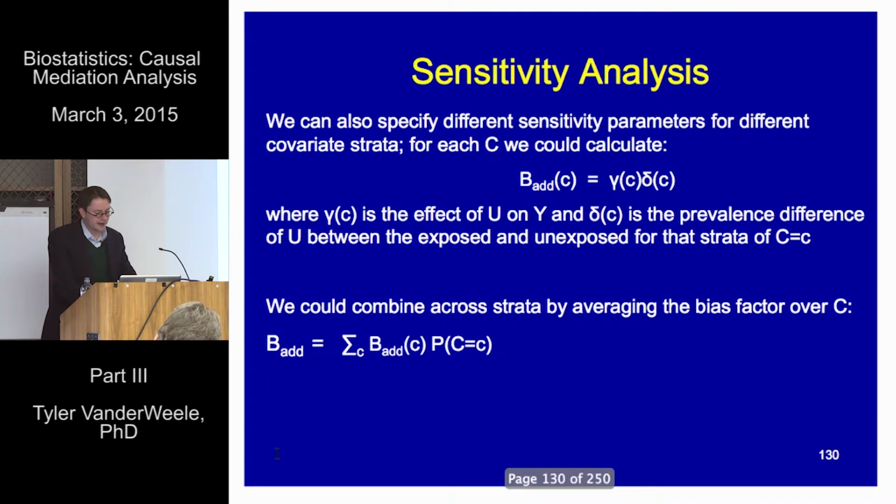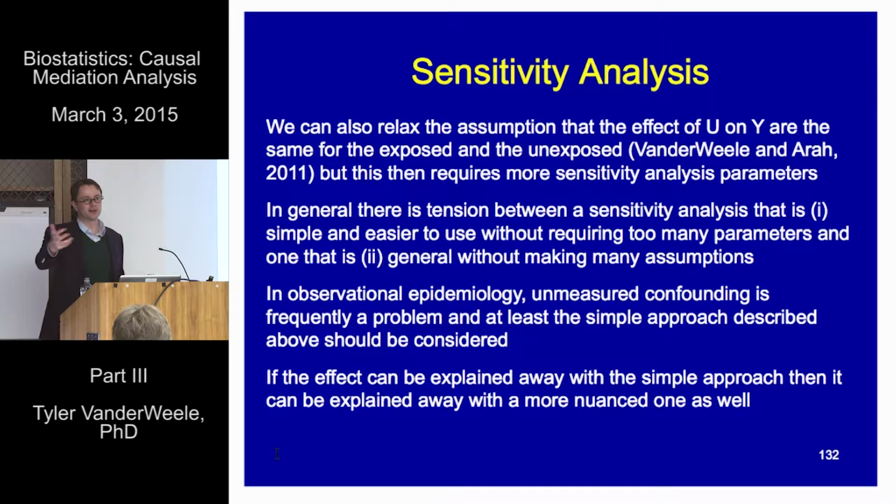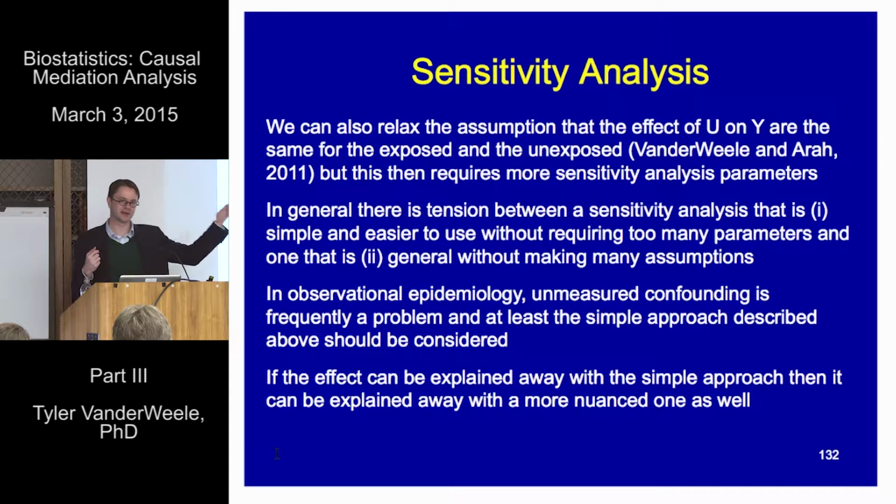It turns out we can relax that assumption as well, but then the formulas become more complicated. We have to specify more parameters that are more difficult to implement. So there's a little bit of tension between, on the one hand, making some assumptions about the sensitivity analysis to try to get easy to use expressions versus not making any assumptions at all, but then getting techniques which are more difficult to implement and also more difficult to interpret because we have to specify more parameters.